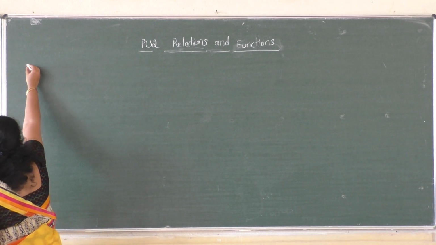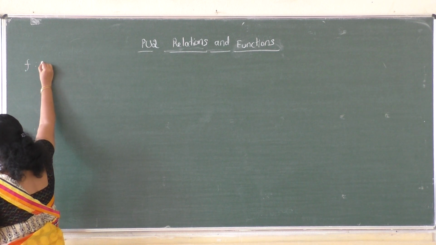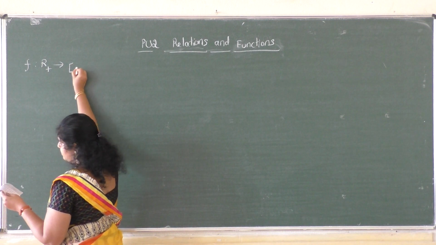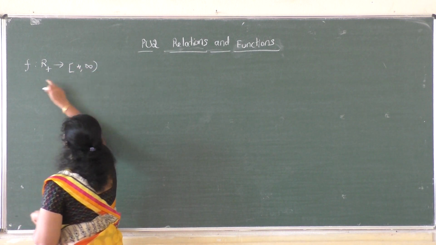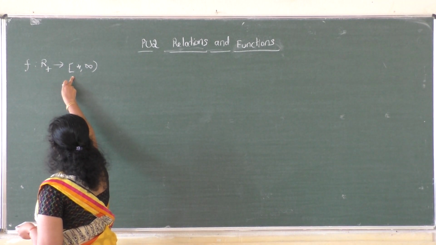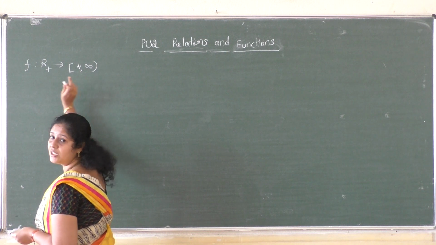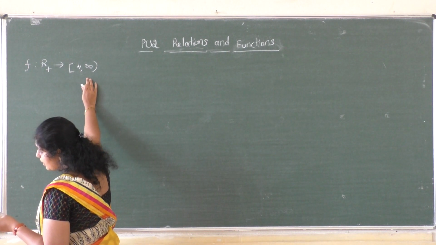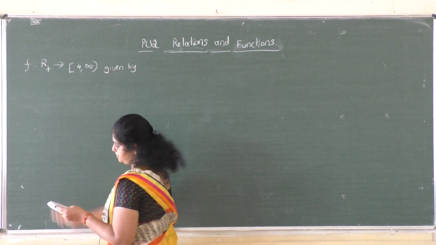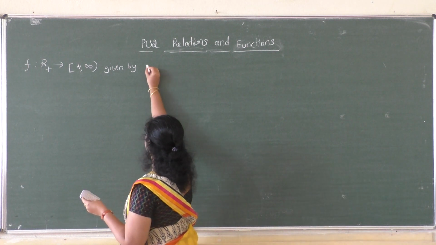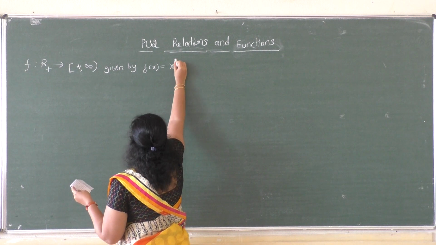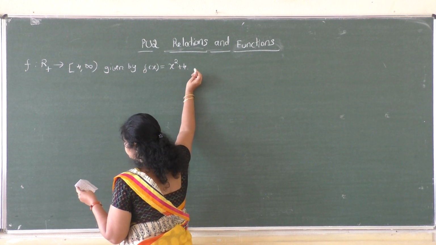So consider f from R plus to the interval 4 comma infinity, given by f of x equal to x square plus 4.